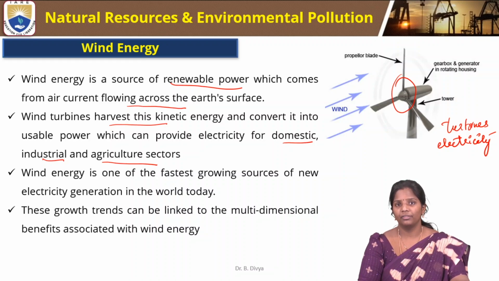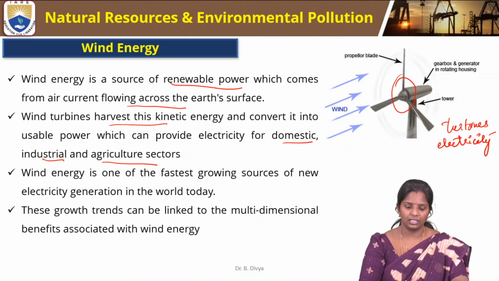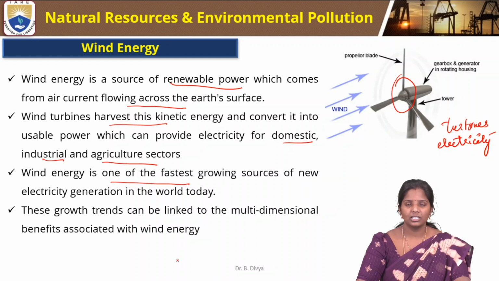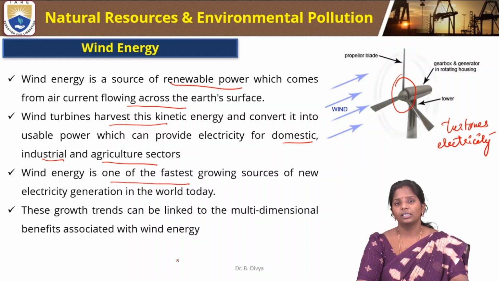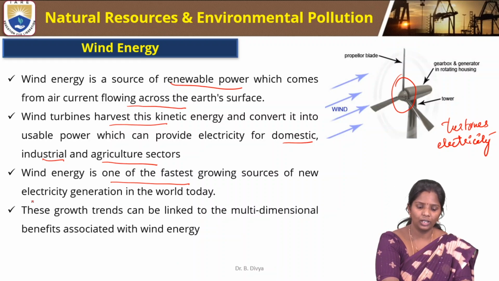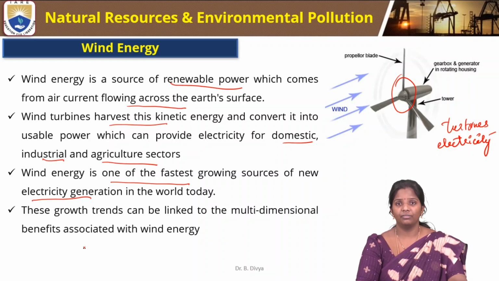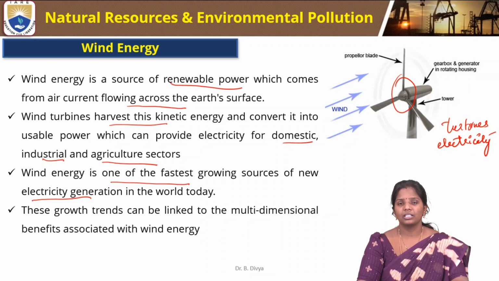It is one of the fastest growing sources because wind is available in abundance. It is the fastest growing source for new electricity generation worldwide. Worldwide, they are exploring different technologies to utilize as much air in the form of wind as possible to convert into electricity.